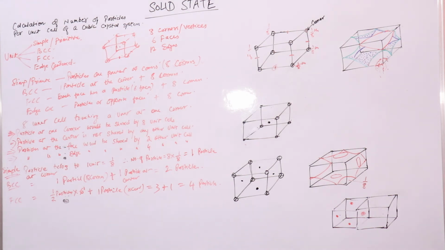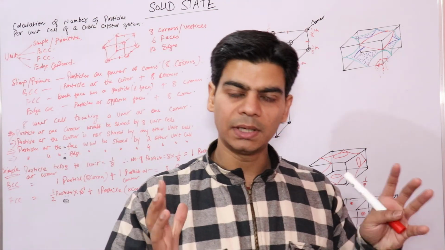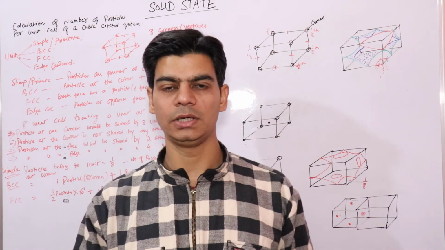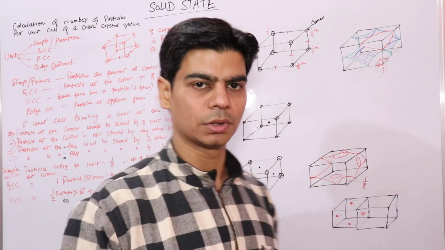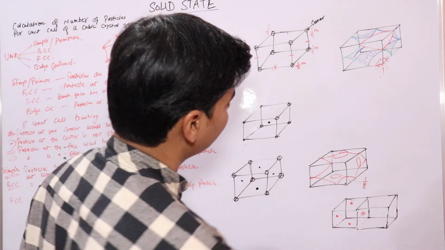And one important thing is, the ratio of the number of particles in a unit cell will give you the formula of the compound. Let's take one example.